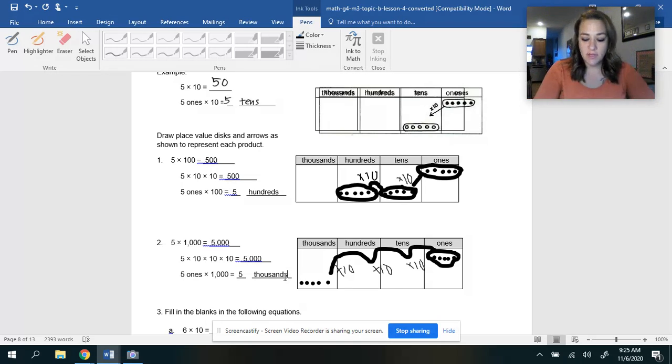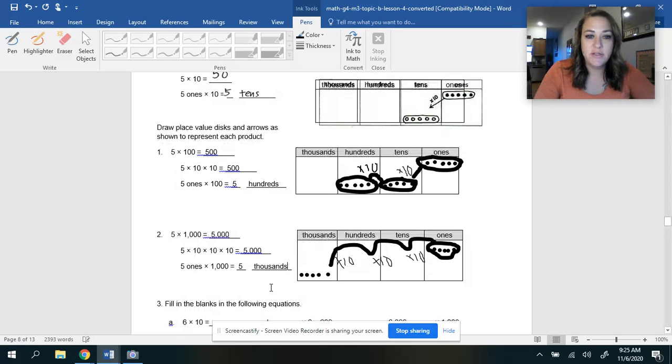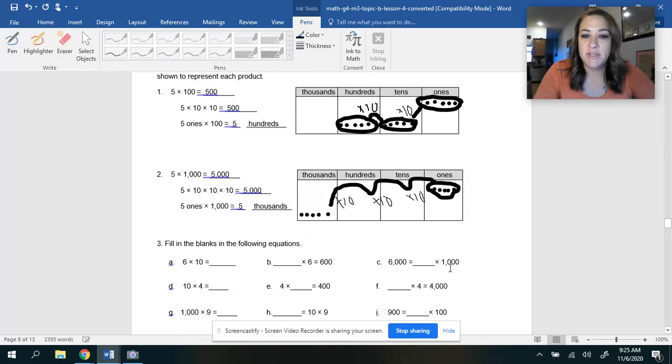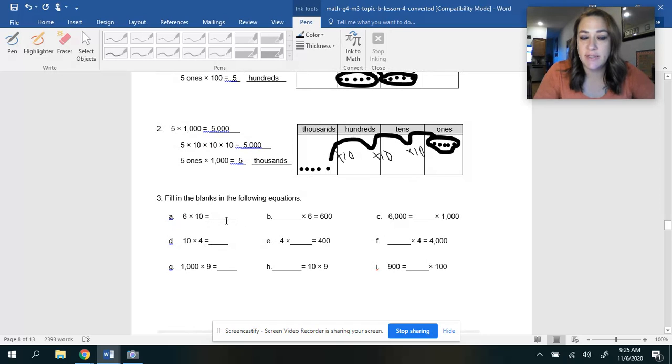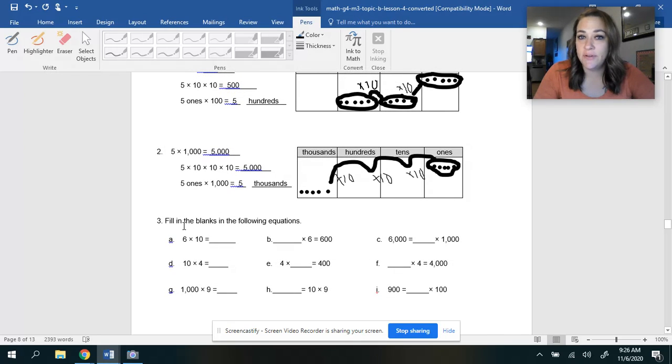Okay. All right. So as we come down here to just our equations, I want you guys to think about this, right? So if I have 6 times 10, you can think of it a few different ways. You can say, well, if I have 6 tens, that's going to give me 60. 6 times 1 is 6. We add that 0 on there, it's going to give us 60.